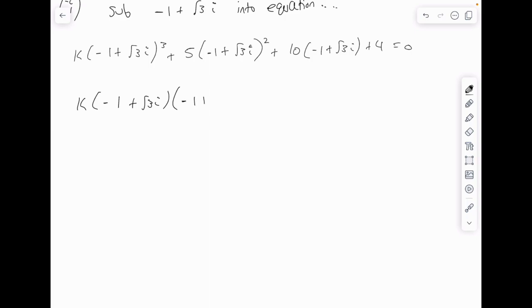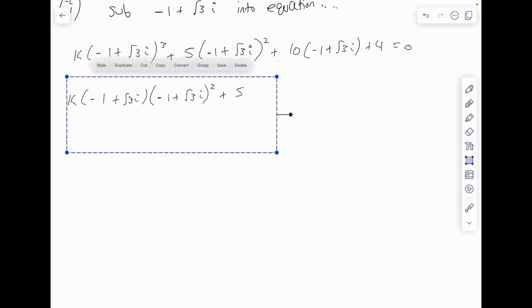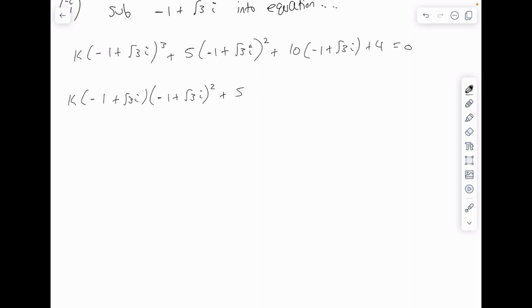Then we get (-1 plus root 3i) squared. Plus 5, and then this is going to multiply out to the following.